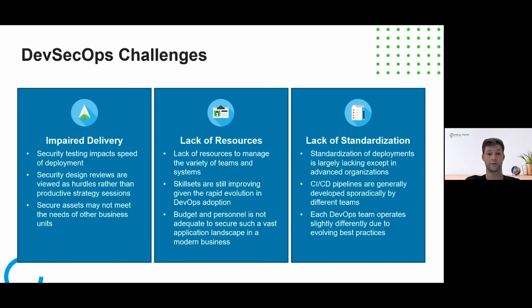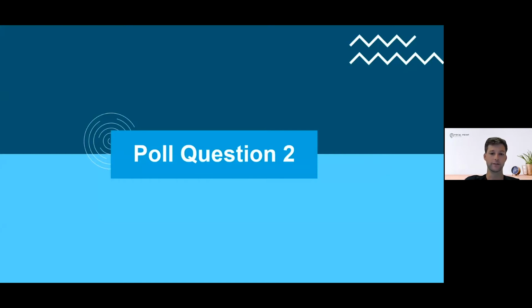They might be using a different workflow management tool. They might be using a different CI/CD pipeline. And these are technology examples, but that lack of standardization makes it significantly more difficult for a security team to integrate and work across all these different constructs. So we will be giving tips on how to address all of those as well.